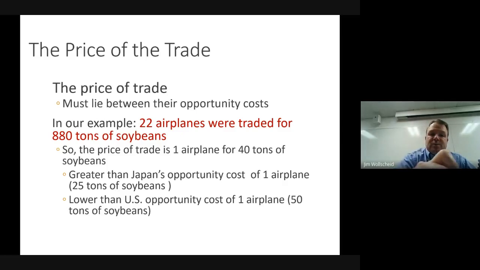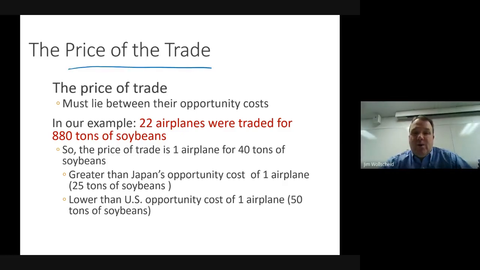How did I know this would work? How did I know that the price of the trade would work? It works if the price lies between their opportunity costs. So if you go back and remember, the opportunity cost in Japan was 1 for 25. For the United States, it was 1 for 50.